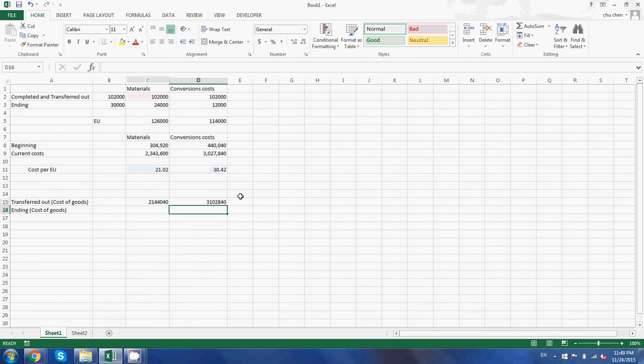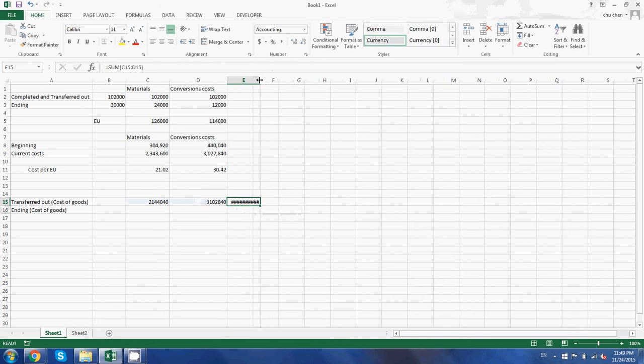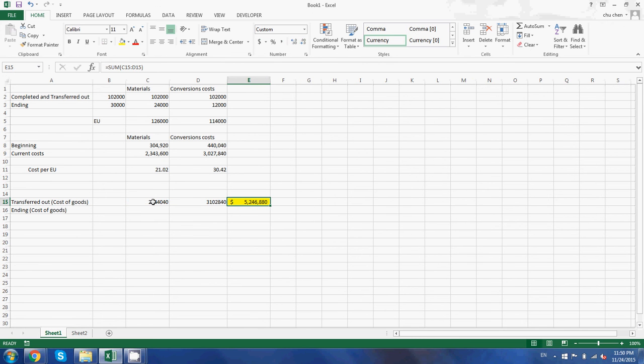We sum up these two numbers, and this is going to be our final answer for the cost of goods transfer out. I'm going to highlight this one. Basically it's the sum of the costs related to materials and the costs related to conversion.